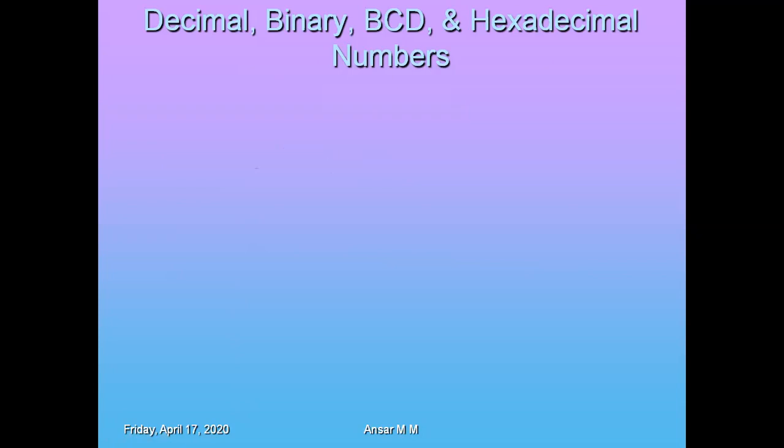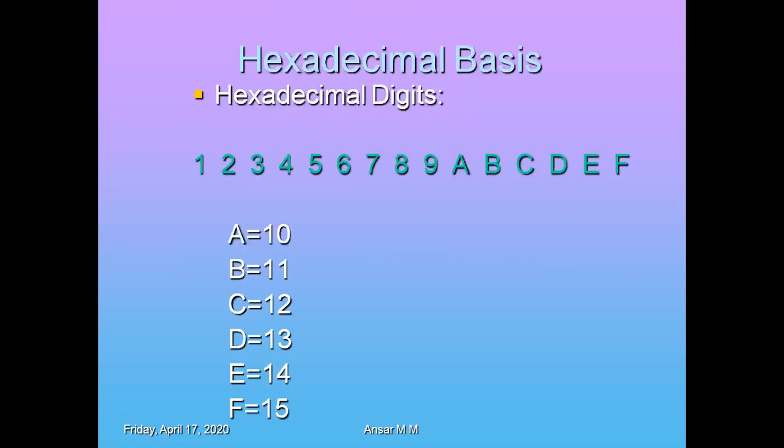First, we have to focus on the hexadecimal numbers. What are the hexadecimal numbers? Already we are familiar with decimal numbers, which are 1, 2, 3, 4, 5, 6, 7, 8, 9. Up to 9, the hexadecimal number and the decimal number are the same.